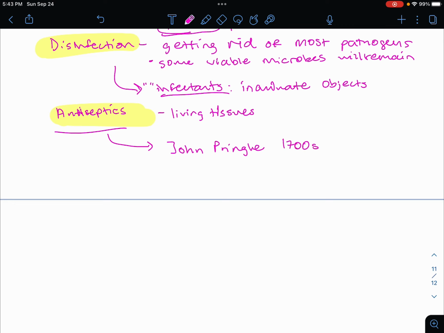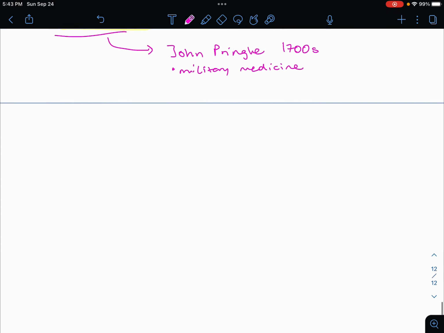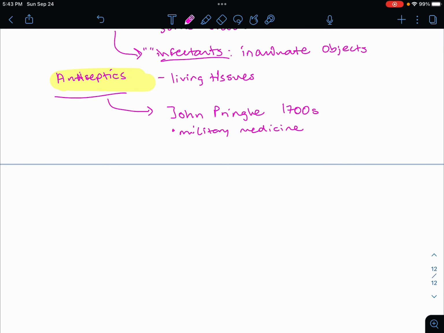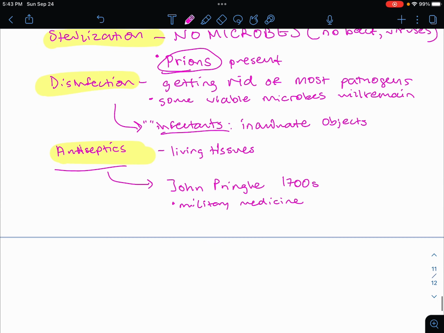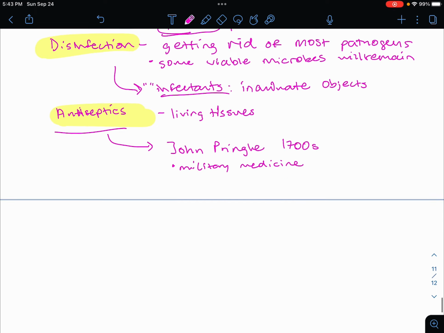He really worked with military medicine, and so he was able to create antiseptic techniques and advance them for the purpose of the Scottish Army, and a lot of people were able to get healed thanks to his work. That's a little bit of an aside. There isn't an icon that is needed for memorization on that slide, but it's just a little fun fact we like to throw in there.